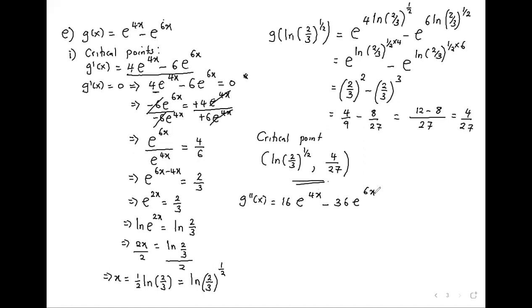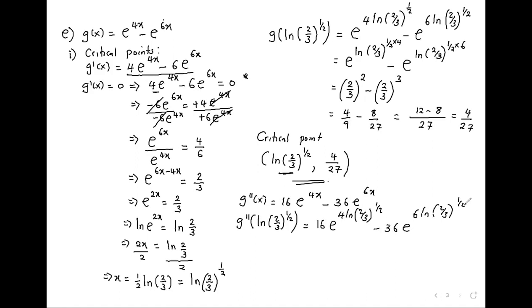How is this helping us? We want to substitute the value of x that we have. So we are doing g double prime of ln (2/3)^(1/2), which is equal to 16e^(4 ln (2/3)^(1/2)) minus 36e^(6 ln (2/3)^(1/2)).